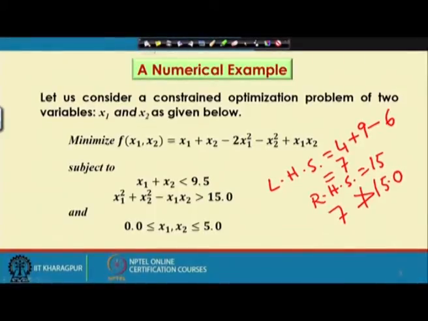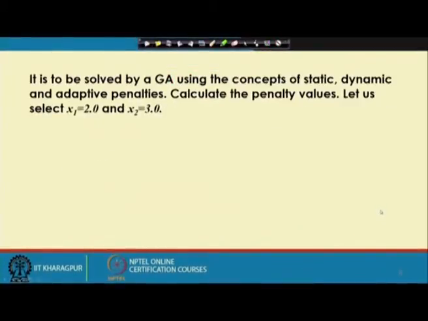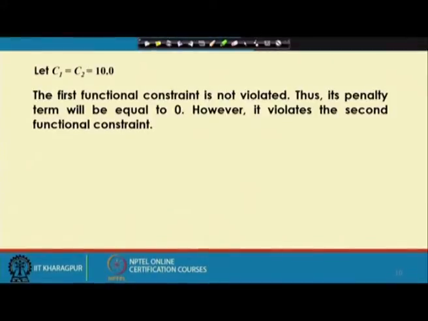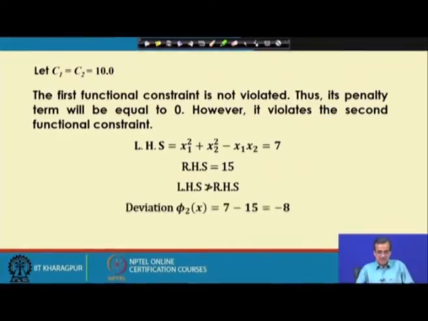Now, for this violation, we will have to find out how much the penalty value will be. The penalty value for the second functional constraint is as follows. Here we can find the deviation, that is 7 minus 15, because the left hand side was 7 and the right hand side was 15. So the deviation is minus 8.